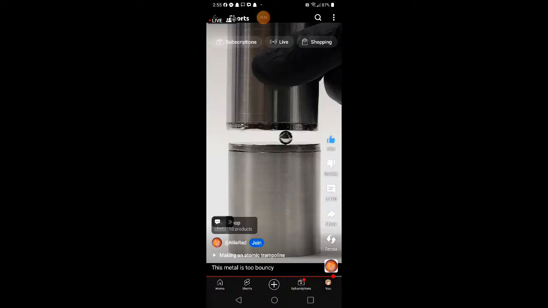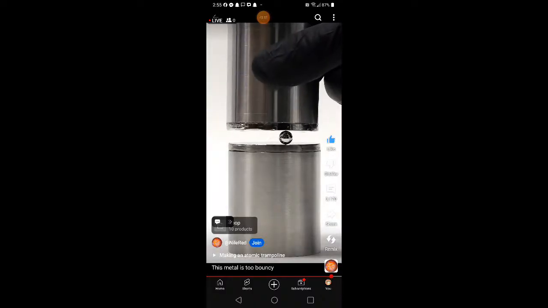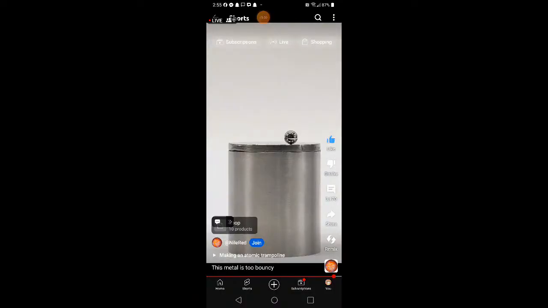The fact that it goes in and out like that, in my opinion, it goes up and down with that frequency because of the amount of space he gave it. He gave it a little bit extra space so it could bounce a little longer. That was fun. Now, let's go back to the video.